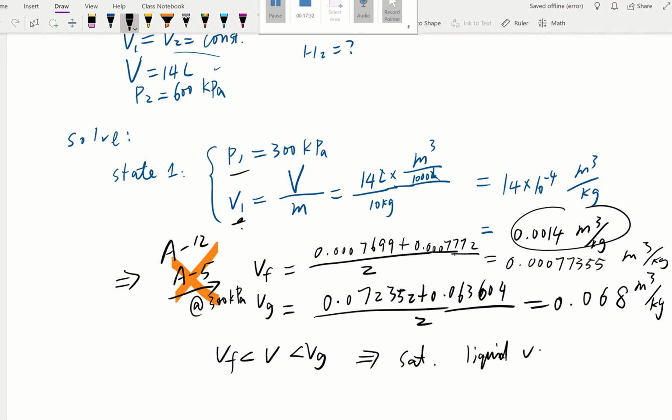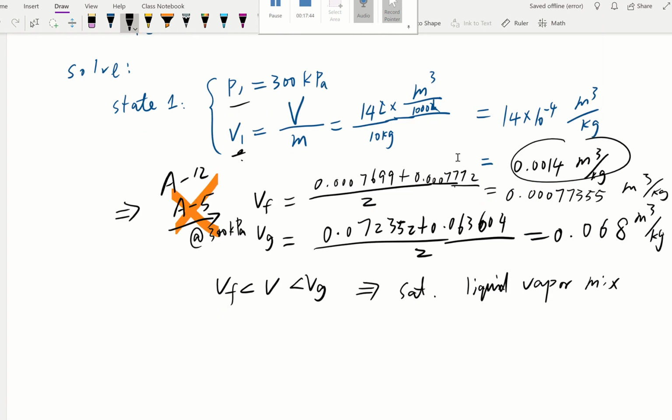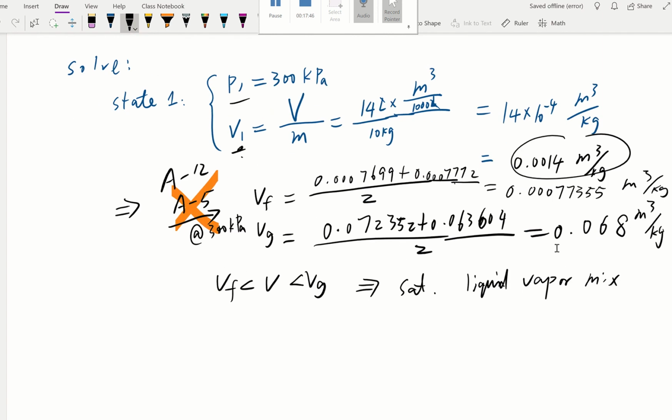So in that situation, we'll have saturated R134a liquid, and we also have saturated R134a vapor. In order to find our temperature, we know it's a liquid vapor mixture, so we can go back to the same saturated pressure table, A12.